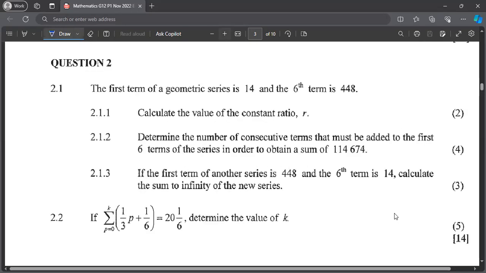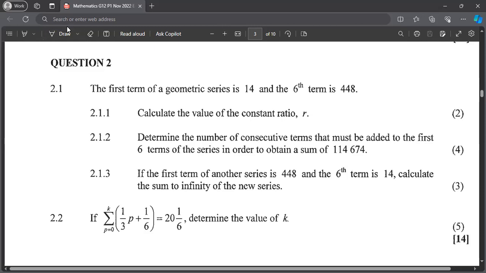So the word consecutive tells us that the terms must follow each other. But what is this 114,674? It's the sum for the total number of terms. Do you see that?